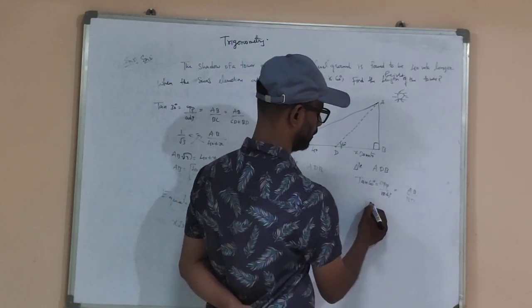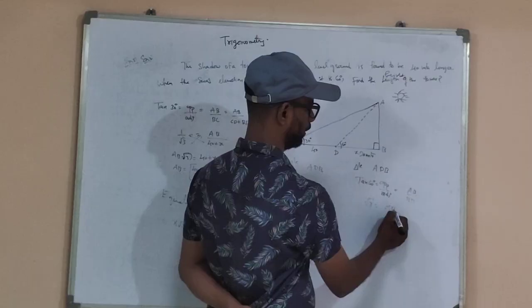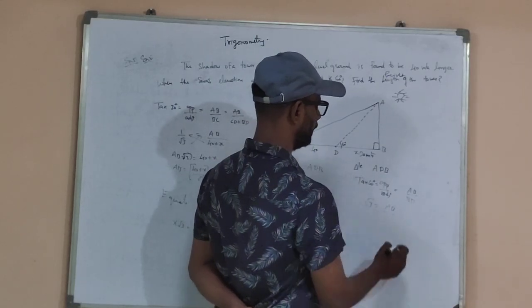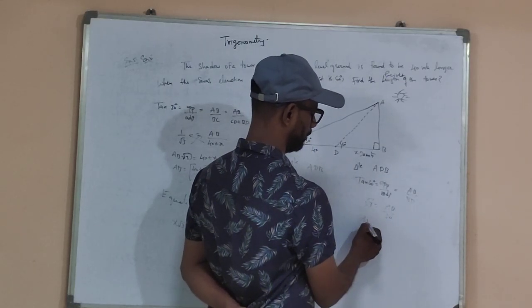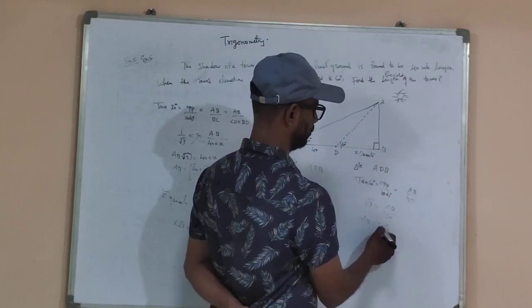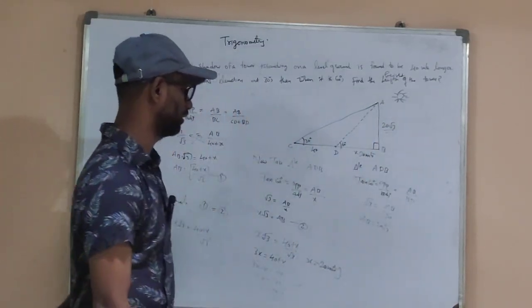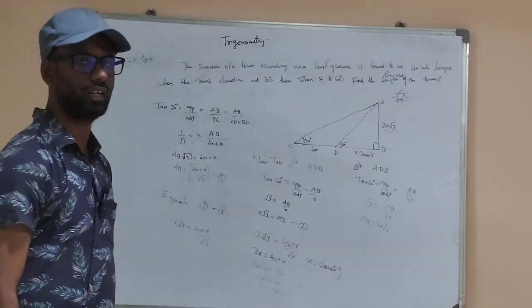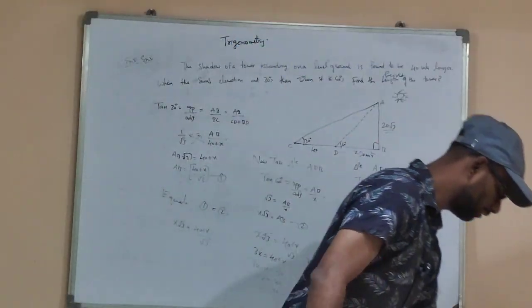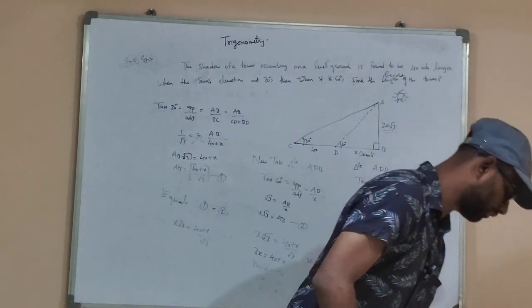Tan 60 is root 3, equal to AB by BD, which is 20. So AB is equal to 20 root 3. This is the height. AB is the height of the tower. 20 root 3 is the final answer.